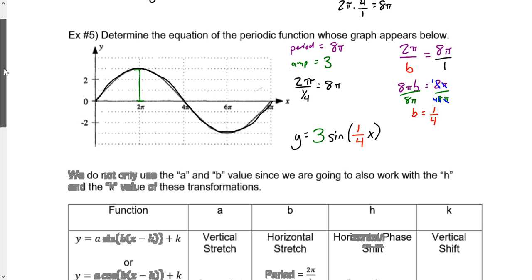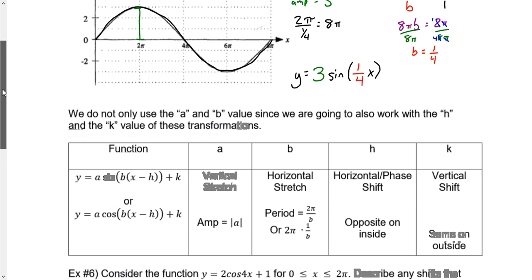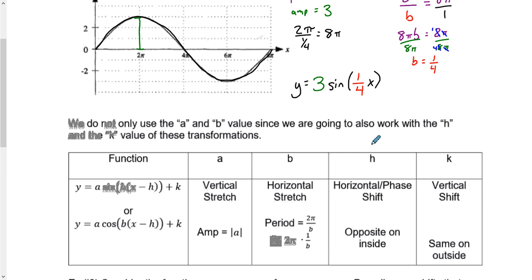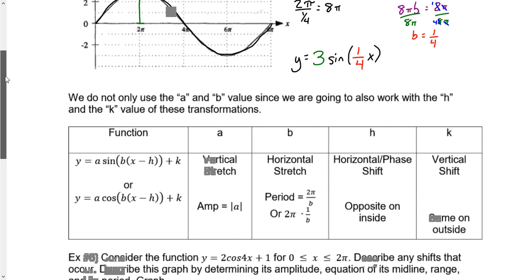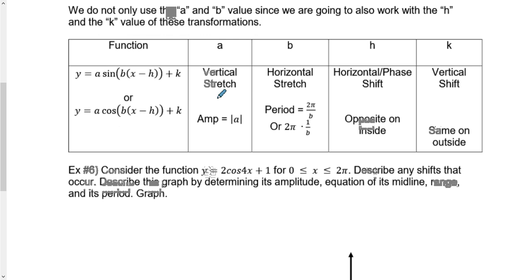All right. But we're not limited to just using our A and B values. We're also going to be working with the H's and K's. So our A and B values still stay the exact same. Our A value still talks about our vertical stretch, which affects our amplitude. Our B value affects our horizontal stretch, which is our 2 pi divided by the B. Now the H and K values, I know in the textbook, they actually use a capital A, capital B, and instead of H, they use C, and instead of K, they use D. I just like using the same kind of terminology between my pre-calc courses and my foundations courses, and that's why I use the H's and K's.